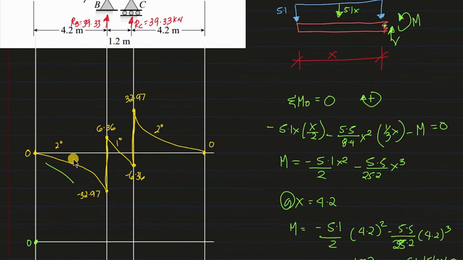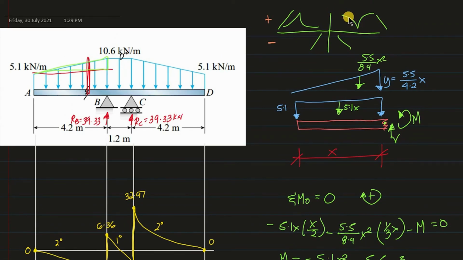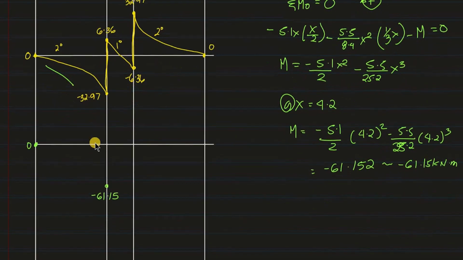Pero piliin natin yung nasa baba, kasi nasa negative part siya, nasa negative area. So, ito yung curve na gagamitin natin. Magka-pair yan, ito, and ito. So, that kind of curve. So, connecting this curve, it will look something like that. Okay. It means pala na since 61.15 yung next point natin dito, ang area nito ay equal also sa 61.15.